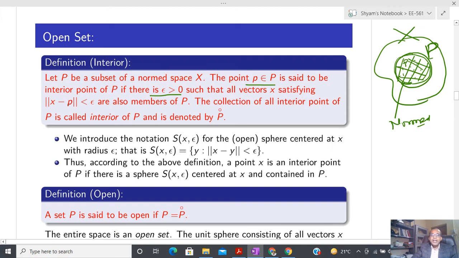If you see this point carefully, suppose I have to select this point p. What I will do is form some sphere around this. Why am I calling this a sphere or ball? You try to see that ball is more commonly used.